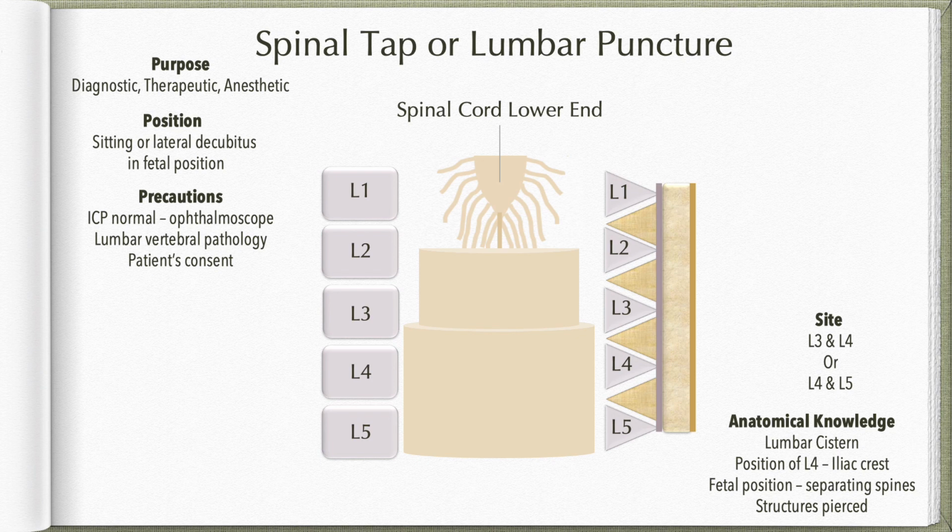The only structures there are the cauda equina with the filum terminale. There is no CNS structure. So it is an ideal site for introducing a needle, either to introduce drugs inside or to withdraw the CSF from there. The second thing which you should know is how do we identify the site of this lumbar puncture.